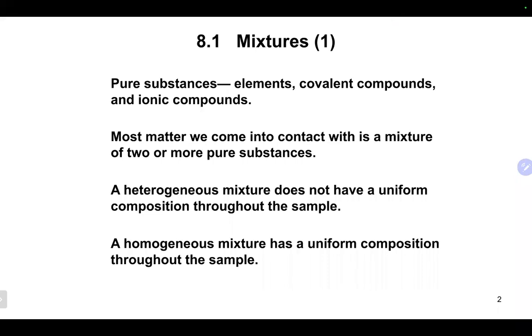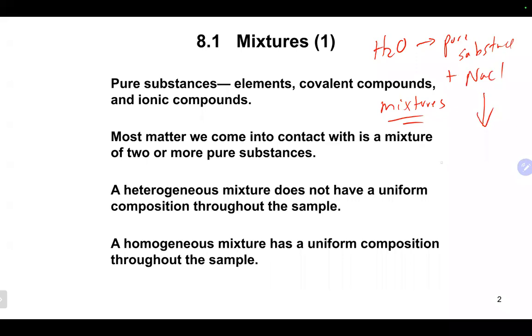So if you have something like water, obviously that is a pure substance. When we put two or more pure substances together, that is when we get mixtures, right? And if we took water plus something like sodium chloride and put them together, we would get a sodium chloride solution, which is actually a mixture.